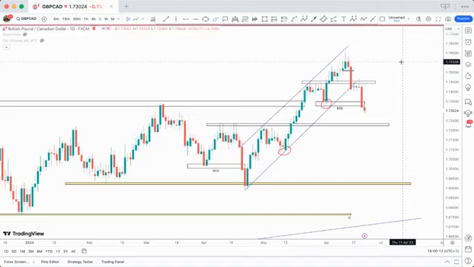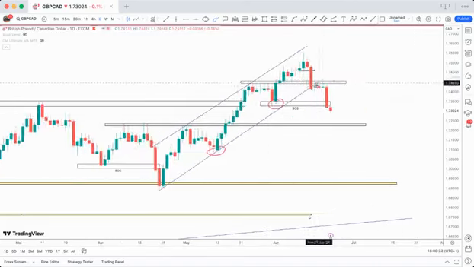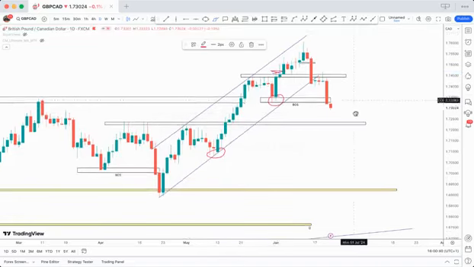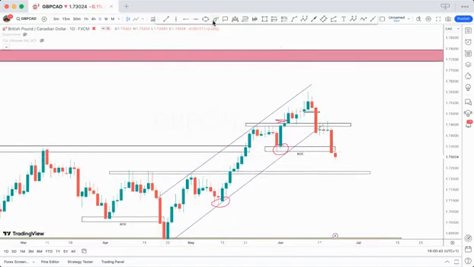But we always have to be open-minded when we are doing our analysis, and we also need to be ready for any changes, because anything can happen in the market. If you look at this market right now, some traders who would have been placing a buy around this entry level right here would have probably been thinking that this market will continue in this direction to the upside like this.